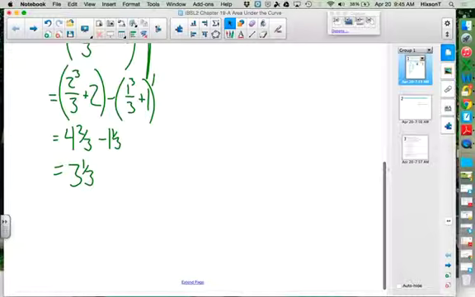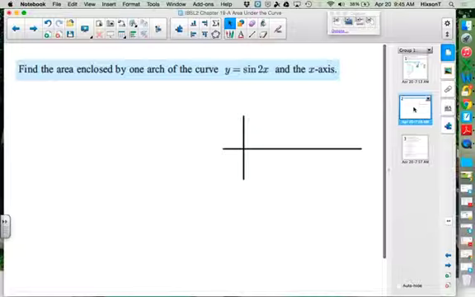For example, here we're asked to find the area enclosed by one arch of the curve y equals sine of 2x and the x-axis. In this case in particular, we need to make sure that we write down a sketch of our graph.